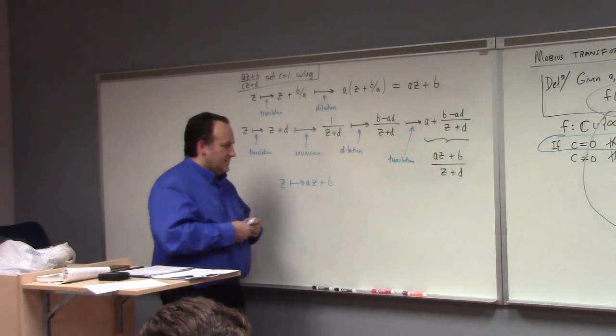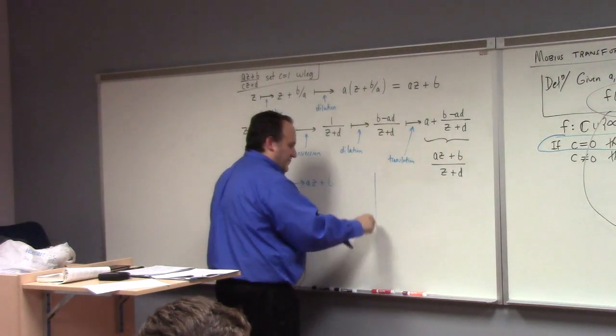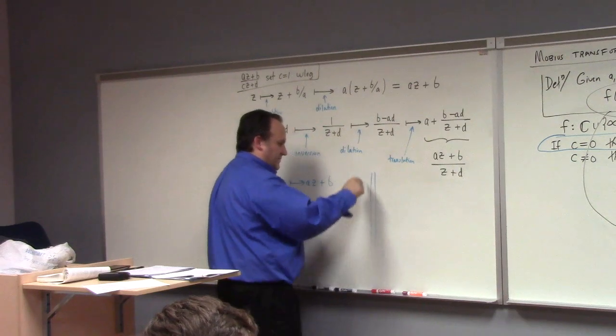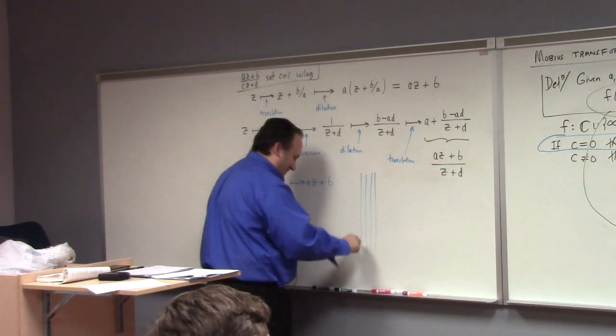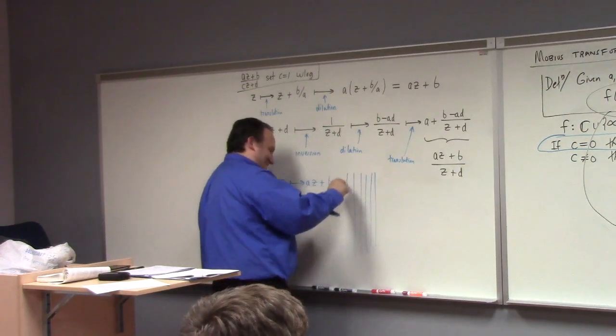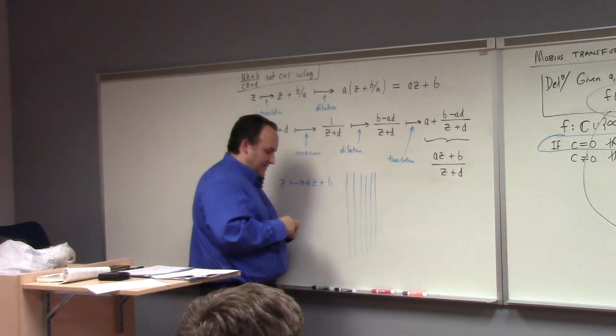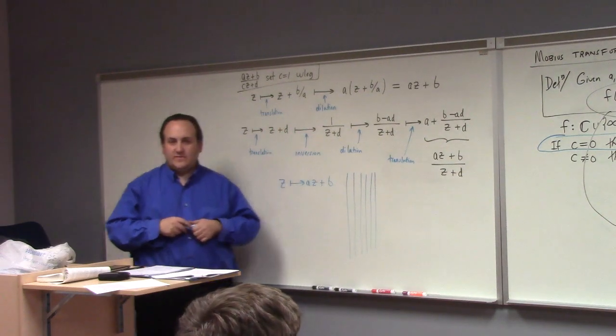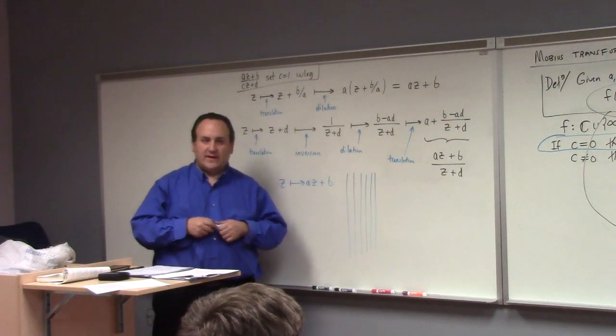So then, what if we talk about a half plane? What is a half plane? It's half of a plane. Very good, Anthony. It's many lines, or many circles. So what is a Mobius transformation going to do to a half plane?